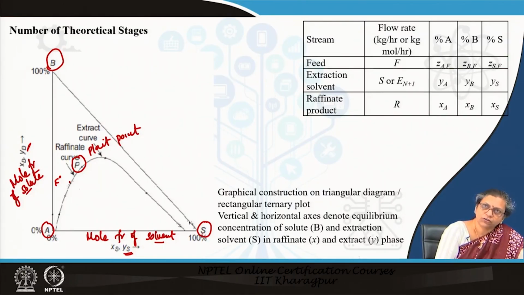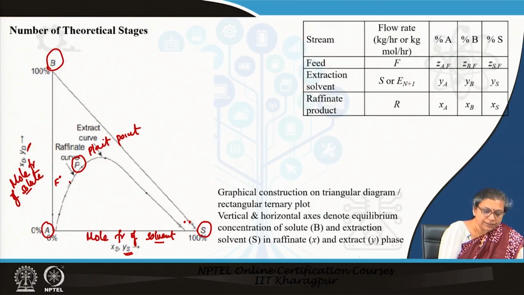Whatever small amount of B is there in S, we can neglect it. If we can neglect it, then we can assume that the solvent is 100% pure, or in other words, the solvent point is this particular point. For most of the cases, the solvent point will be somewhere here, or if it does not contain A but it contains B, then it can be somewhere here also. So, we can locate the solvent point as well.